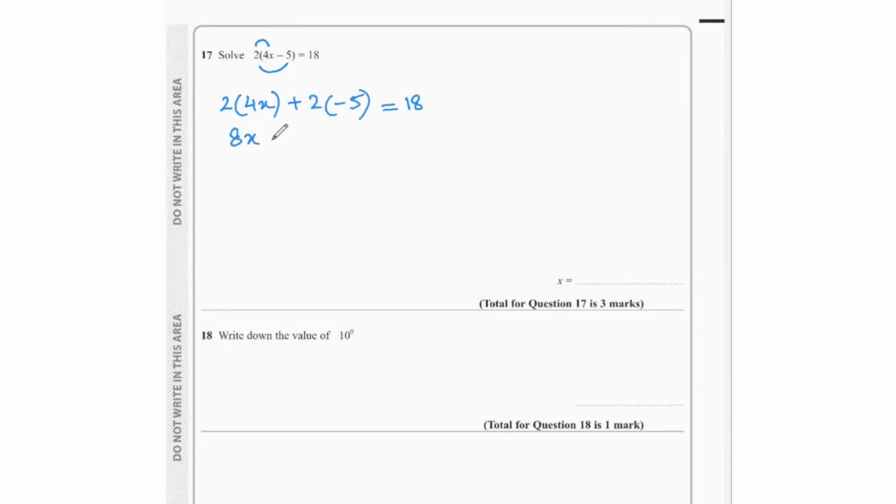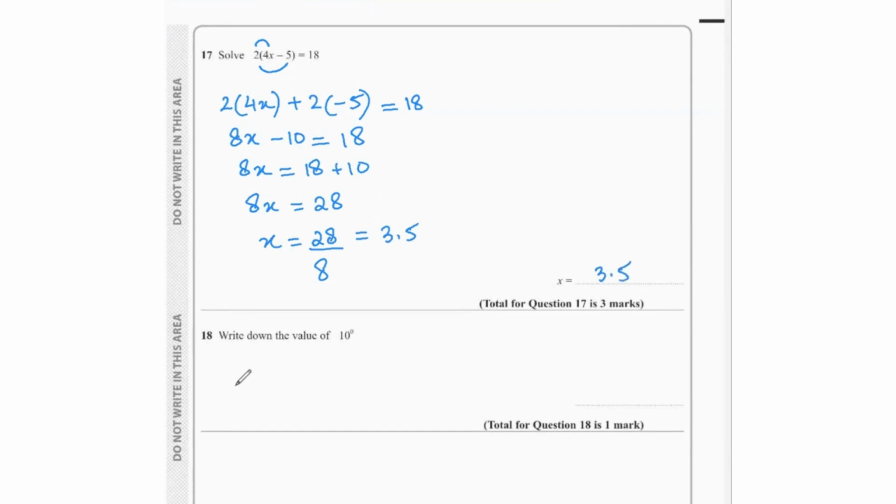That is 8x - 10 = 18. 8x = 18 + 10, which is 28. And x would be 28 divided by 8, which equals 3.5.